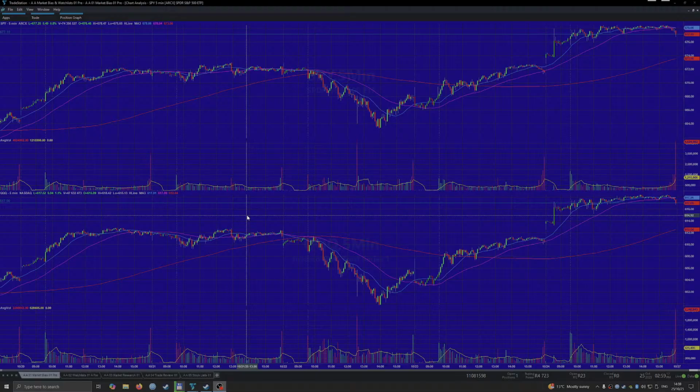Instead of just seeing a line, this gives more information than that. Okay, so this goes back 1, 2, 3, 4. You can see 4 or 5 days on the chart. What's happened on the Qs and the SPY in the last 4 to 5 days?